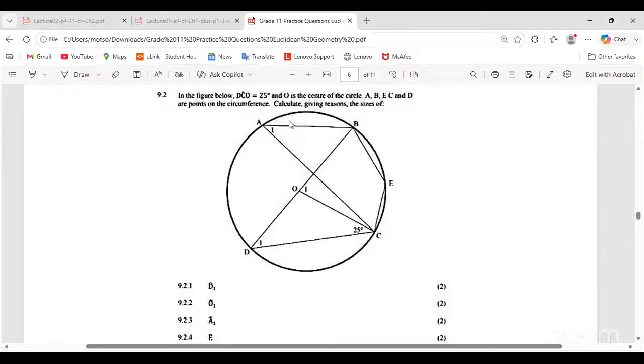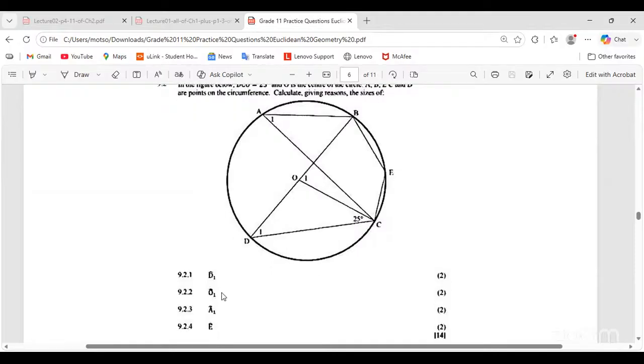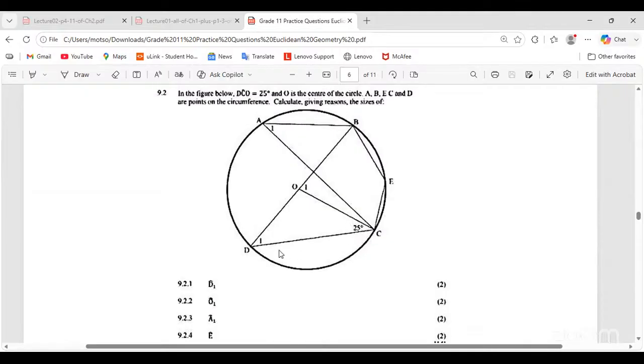Now calculate, giving reasons, the size of angle D1, angle O1, angle A1, and angle E. So we are given this angle here as 25 degrees, DCO.